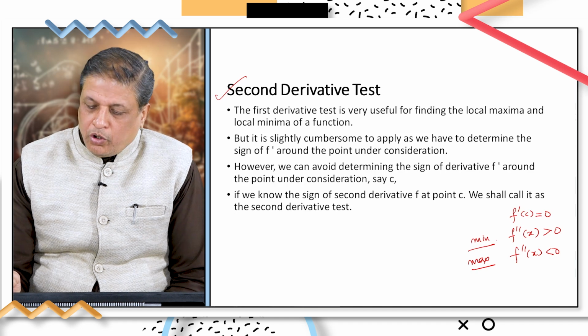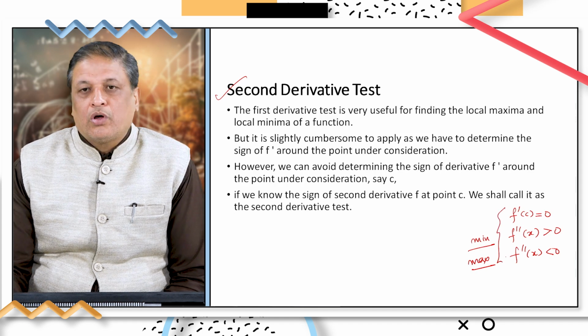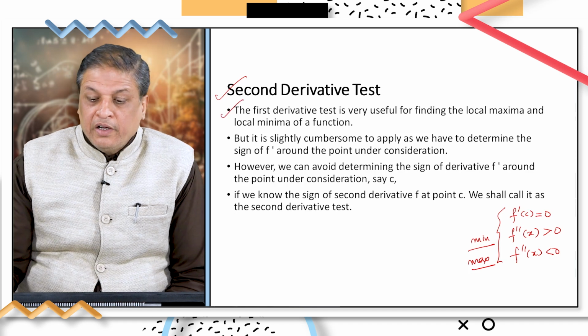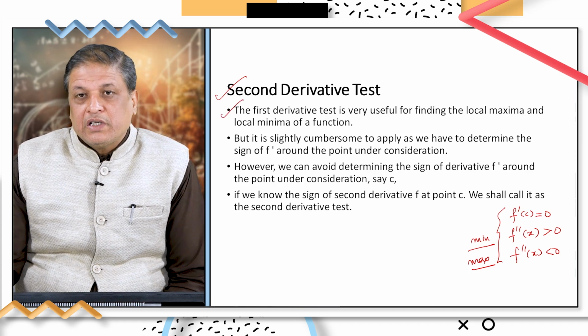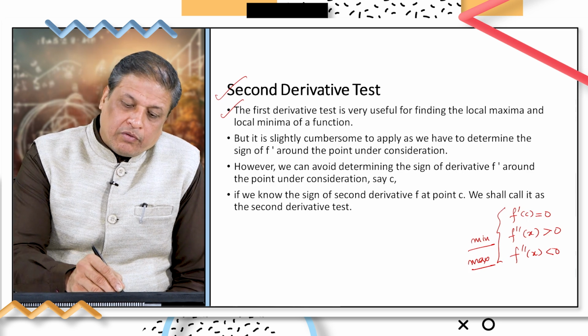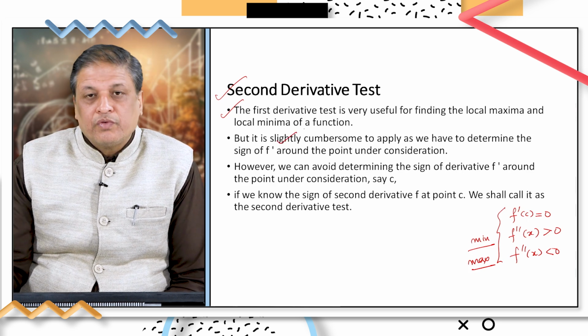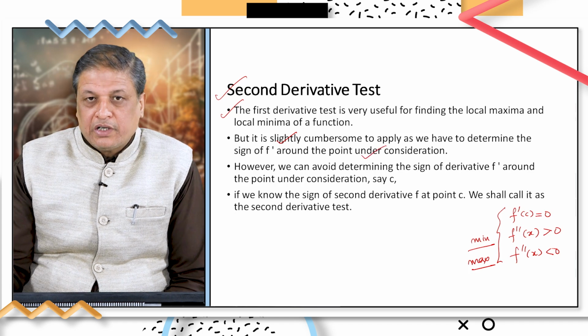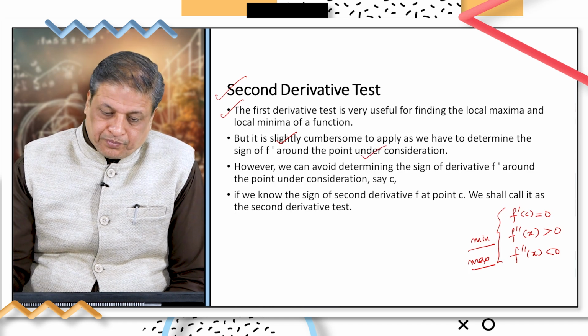We will understand this when we solve the numericals. But meanwhile, we should understand that the first derivative test was very useful in finding the local minima and maximum of a function, but it was a little cumbersome because we have to find the variation in the sign around the point under consideration, that is, a critical point.